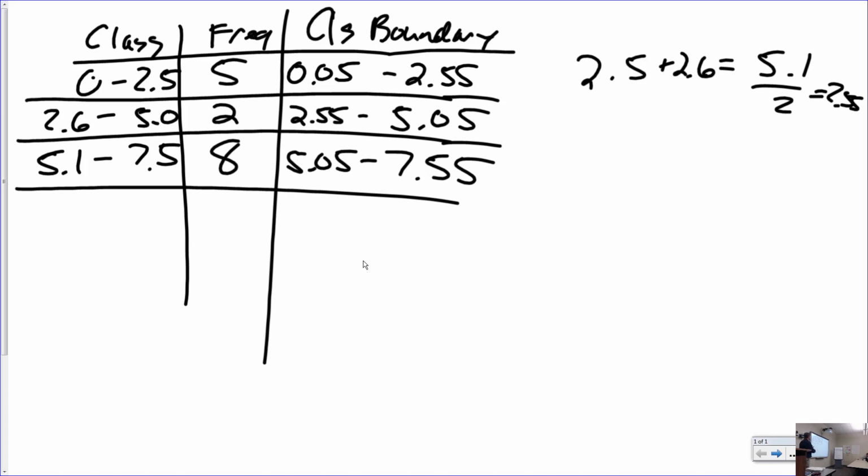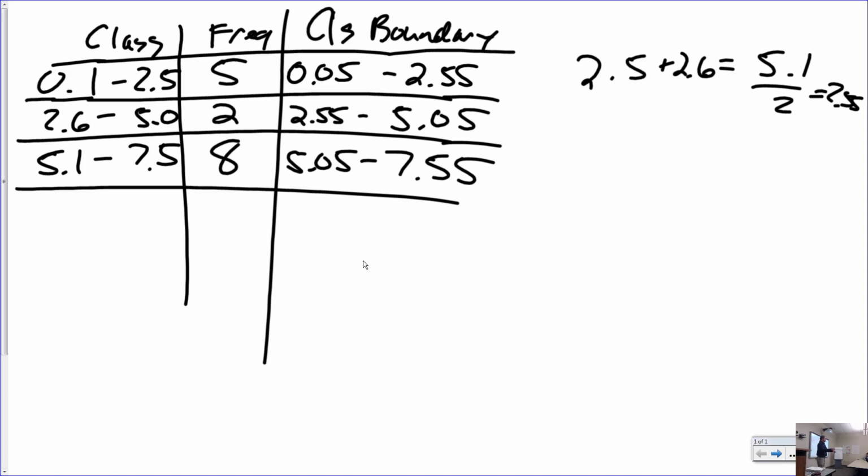So the idea here is that you're setting up a pattern, and once you set up a pattern, rinse and repeat the pattern. And I should have really called this 0.1, sorry, it's a little inconsistent. But that's the idea behind creating the first and the last upper and lower boundaries of your class boundaries.